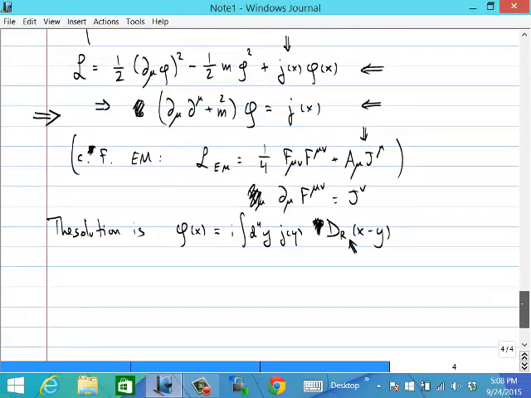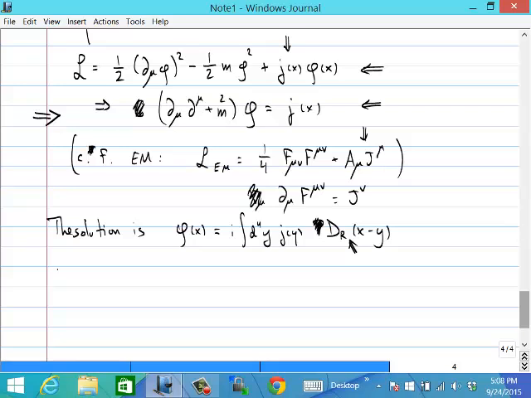I'd like to make one final comment about the propagators that we'll be discussing in this course. So far I've presented to you three different propagators: the two-point function phi x, phi y, the commutator, and the retarded Green's function.